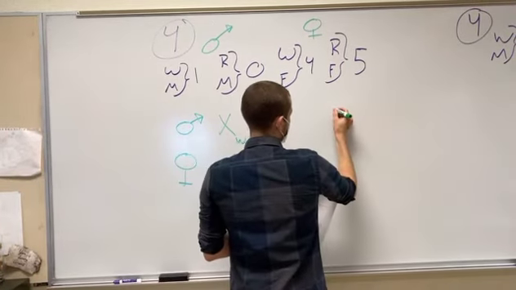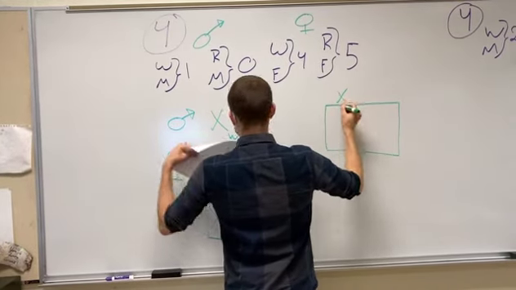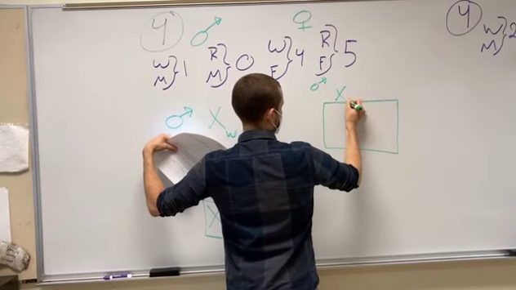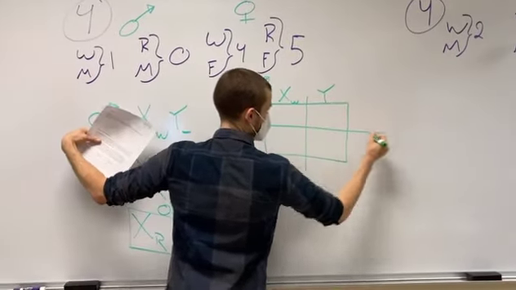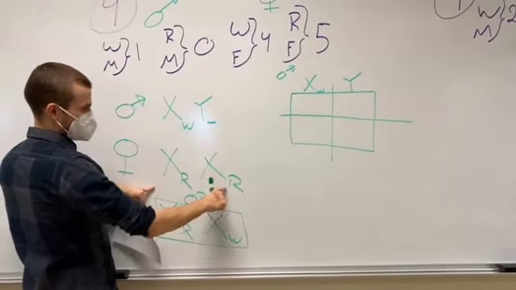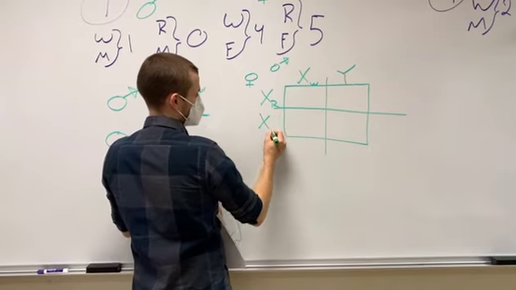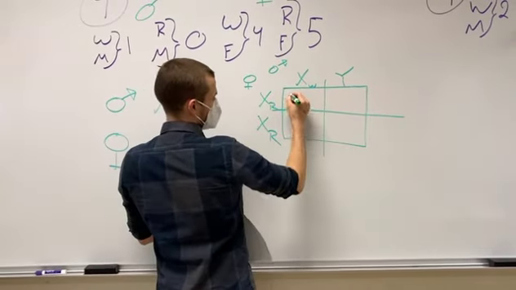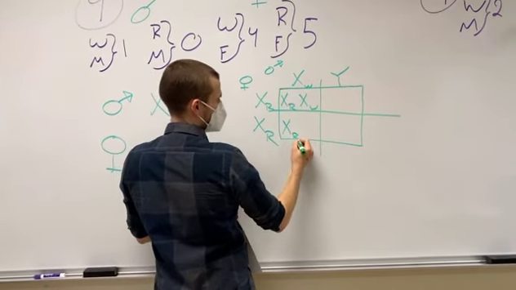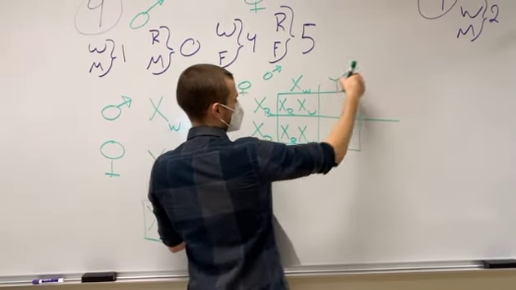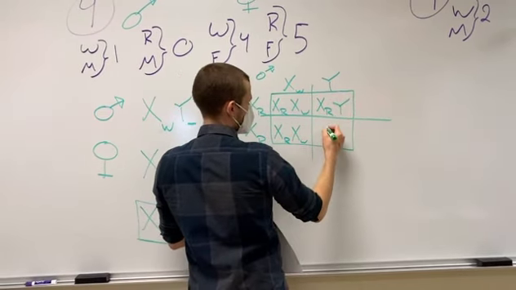So, if we make a Punnett square, where we have the male on the top, XW, Y, and then let's go ahead and make a female that's RR and see what progeny ratios come out. XR, XW, XR, XW, XRY, and XRY.